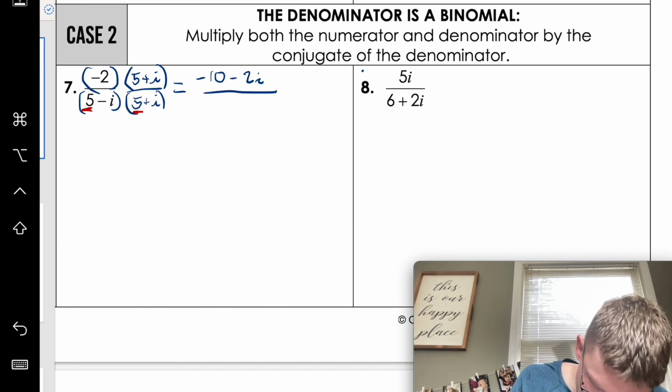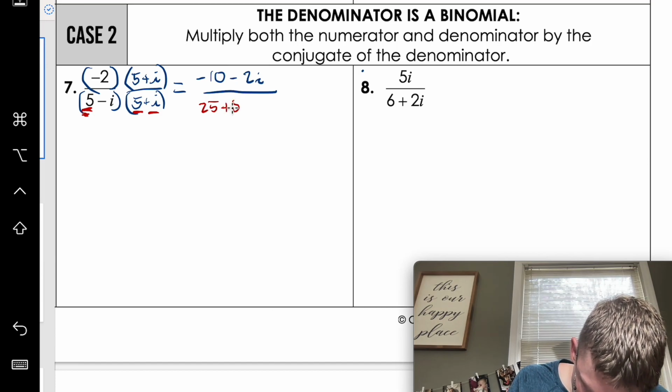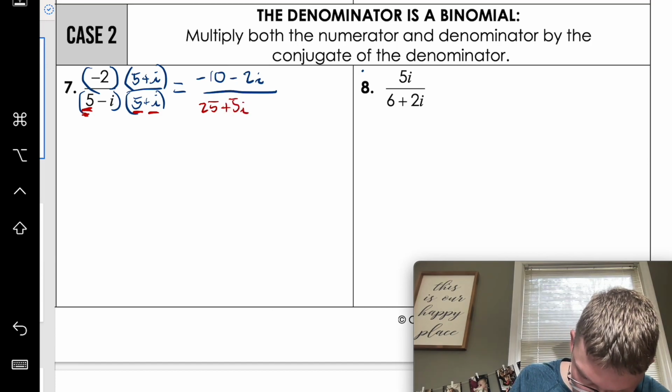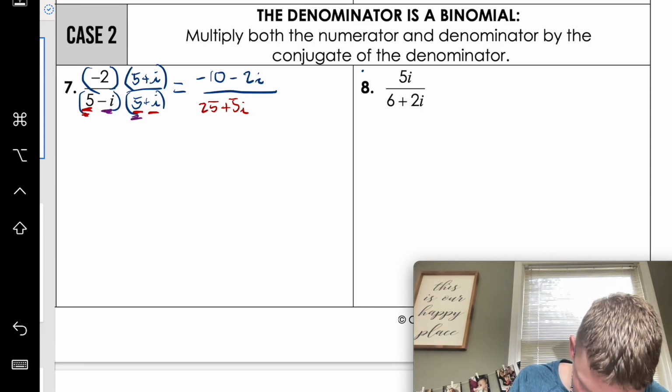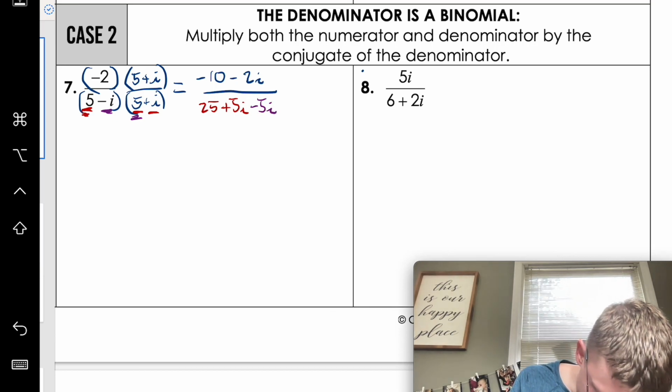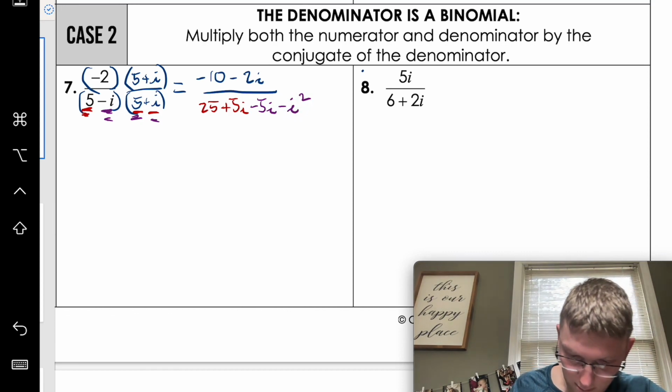So we're going to have 5 times 5, which is 25. 5 times i, which is positive 5i. Then we're going to have negative i times 5, negative 5i. Oh, gee, that's interesting. Negative i times positive i is going to be negative i squared.